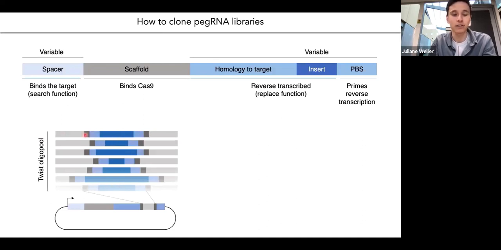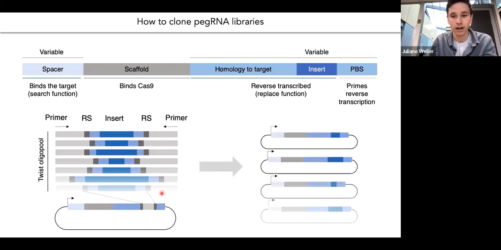These inserts would also be flanked by restriction sites and some primer binding sites and some filling sequence to make everything the same length. Then we can amplify it, cut it out, and insert it into our entry vectors. In this way, we got a library with all these diverse sequences. So this is how we did the first screen.